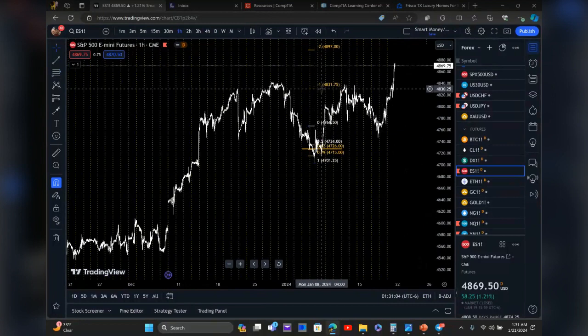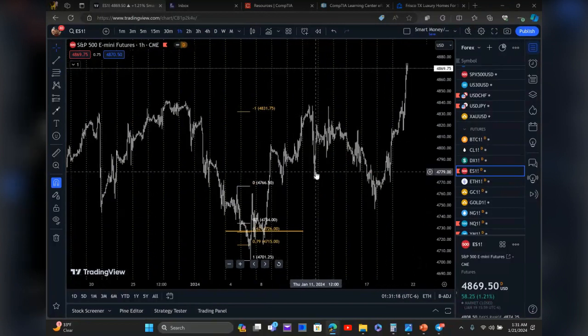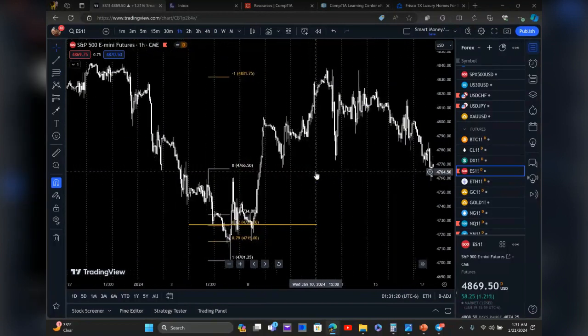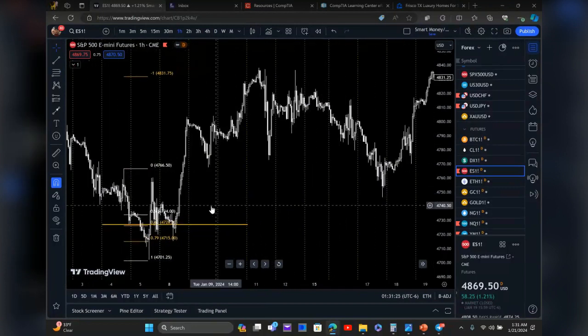Remember I told you about the -1? It'll come up to the -1, I mean. So see what happened? Went up to the -1. All right. It came down. Now, it came down to here.